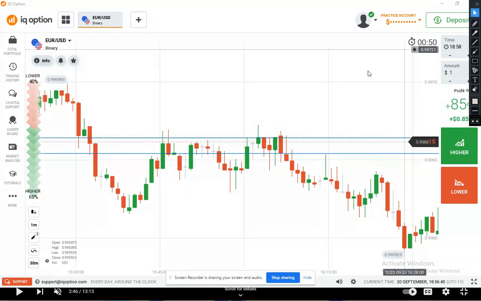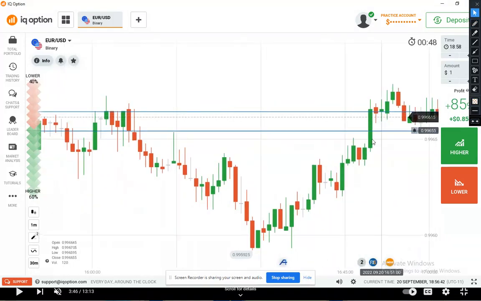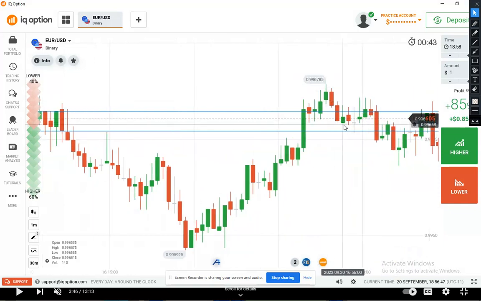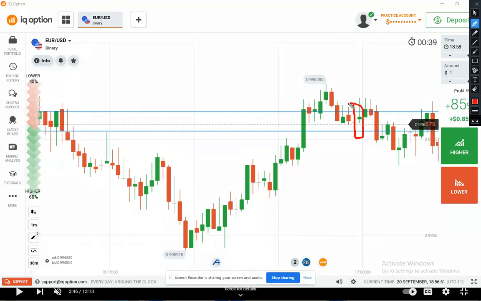So now if you go further, you see that the buyers violate the level, the market retraces down. What we need is for the sellers to violate the level. So finally sellers violate the level, the zone closes below the two lines. What we need is the price to retrace back to the level, and the price retraced back to the level. We can see that after price retraced back to the level, we see some sellers entry.